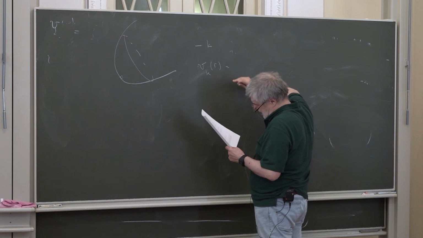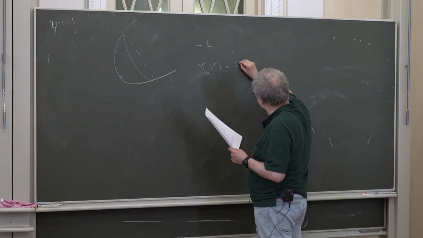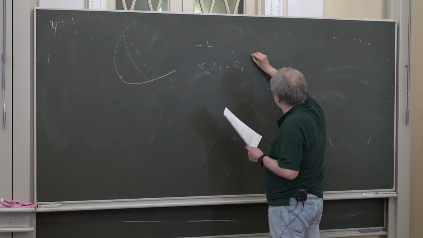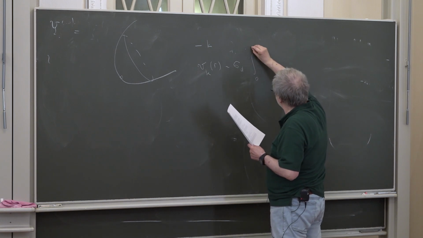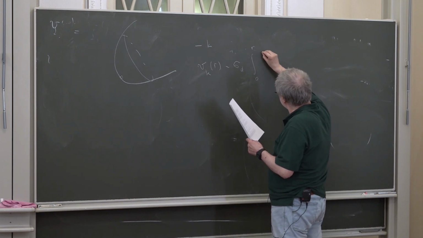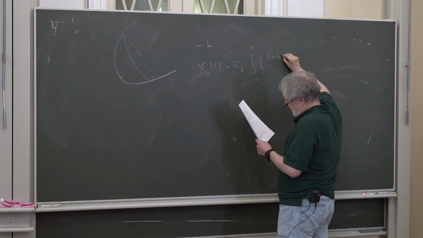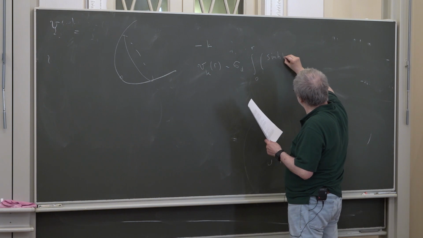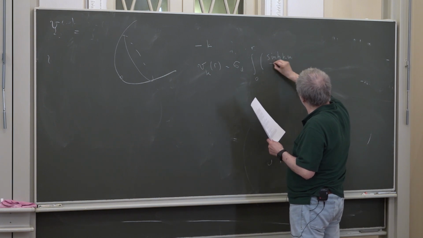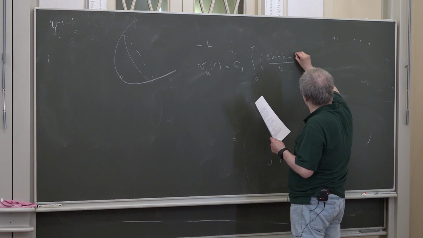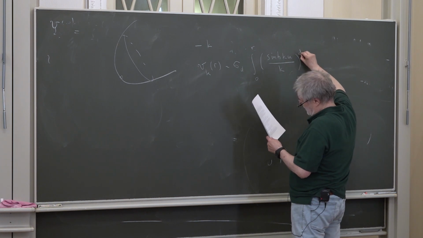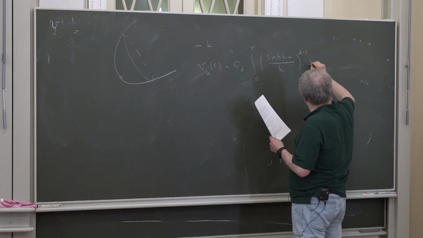It's sigma d times the integral of sinh to the power d minus 1.